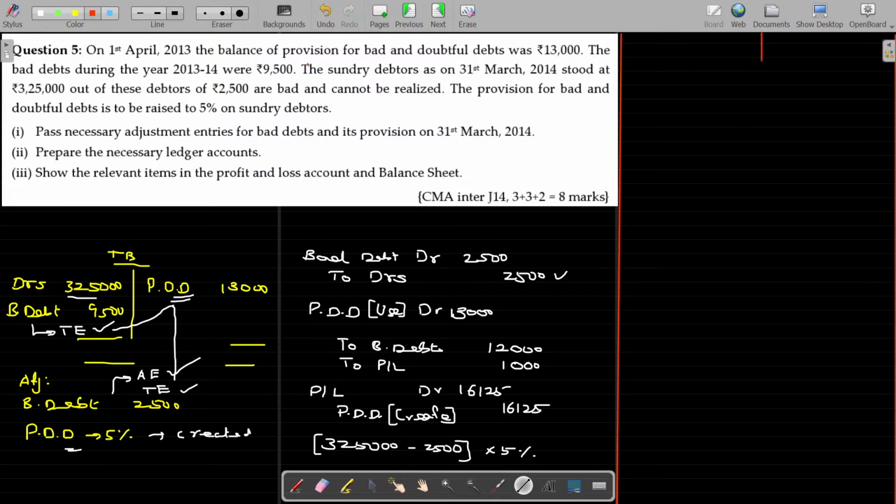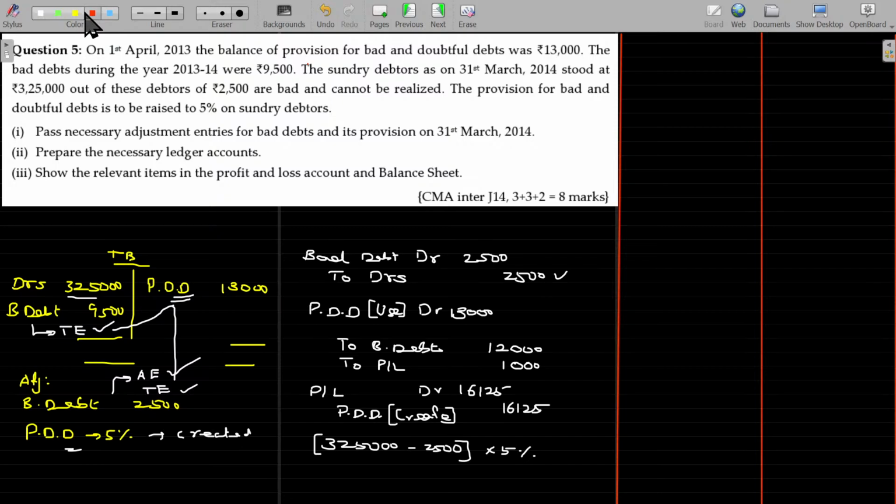So I am going to open all the concerned ledgers: debtors account, bad debt account, provision for doubtful debt account, and how this will appear in the P&L account and balance sheet.